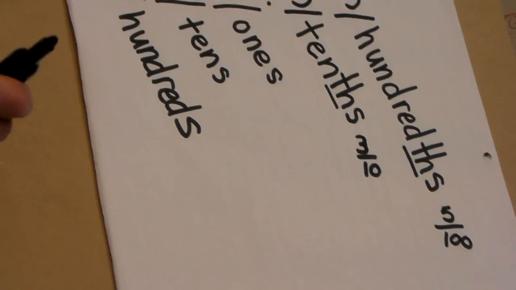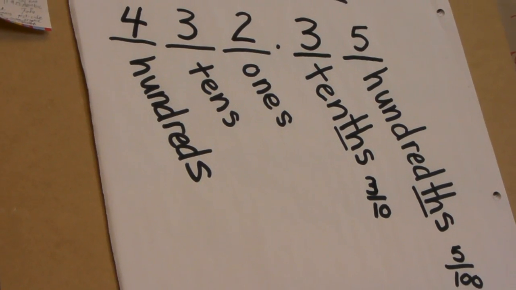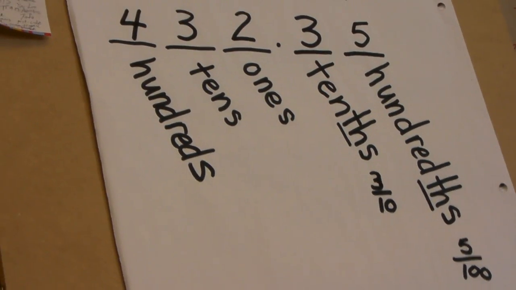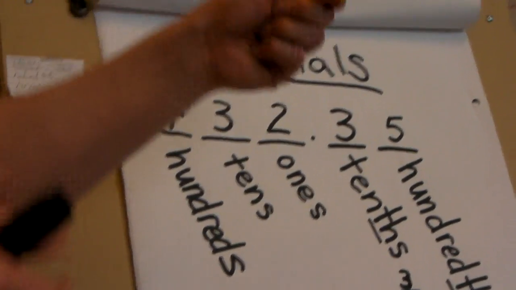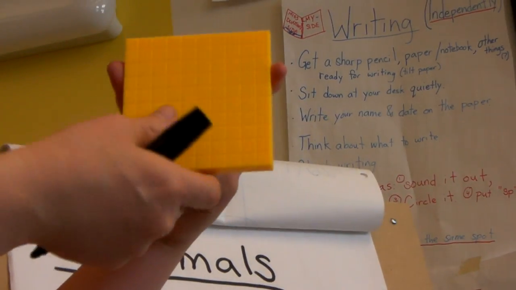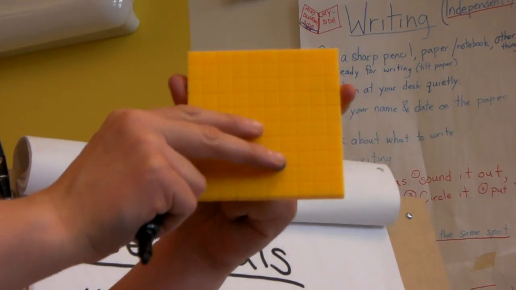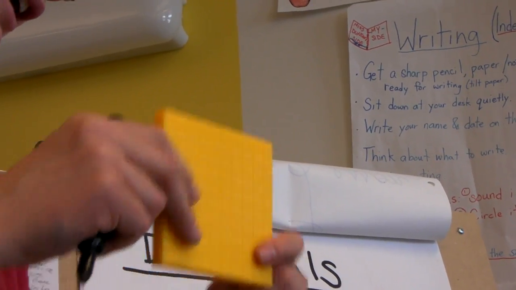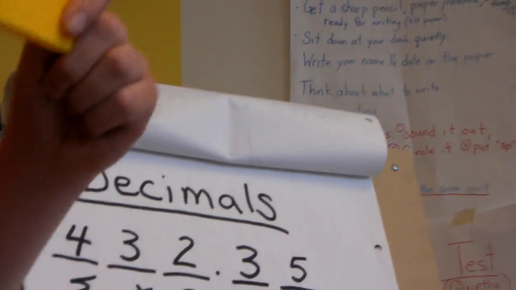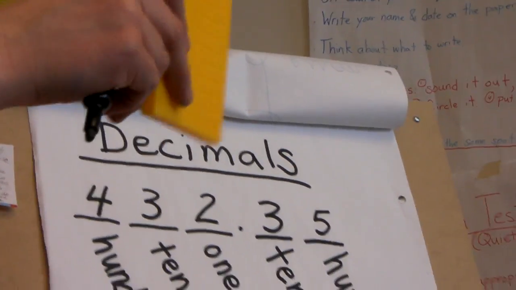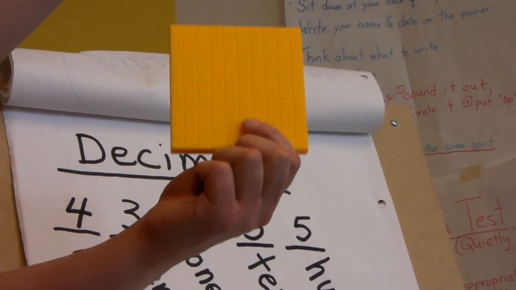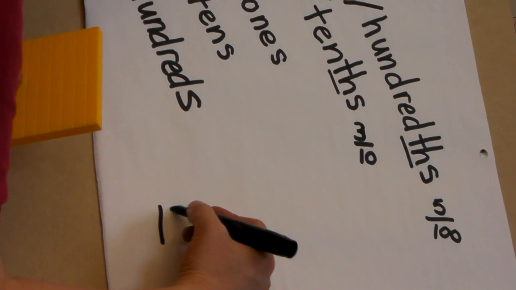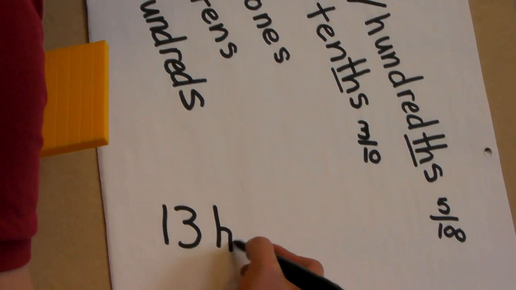Okay, so when you go to work in your workbook today on page 117, you will see a thing that looks like this, okay? And it will also want you to tell how many hundredths there are, how many tenths, and how many hundredths go with that. It's going to want you to break it up. So the example is 13 hundredths.